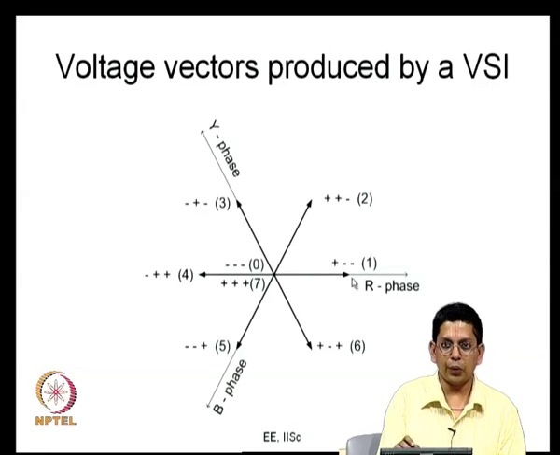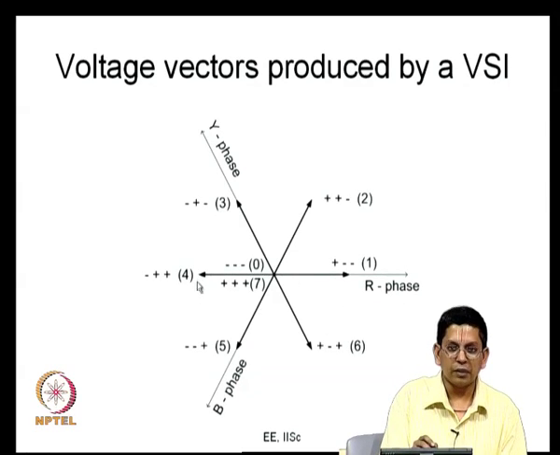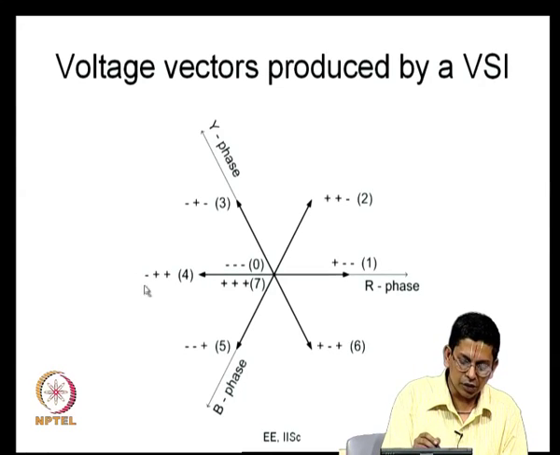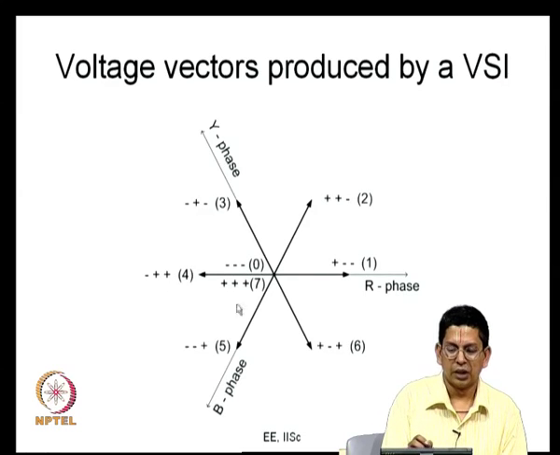So, VRO, VYO and VBO are inverted, that naturally means V alpha and V beta should be inverted in sign. It is going to produce a vector along the negative R phase axis. Here the R phase terminal is alone connected to the negative DC bus and Y and B are connected to the positive DC bus, and the resultant vector is along the negative R phase axis.